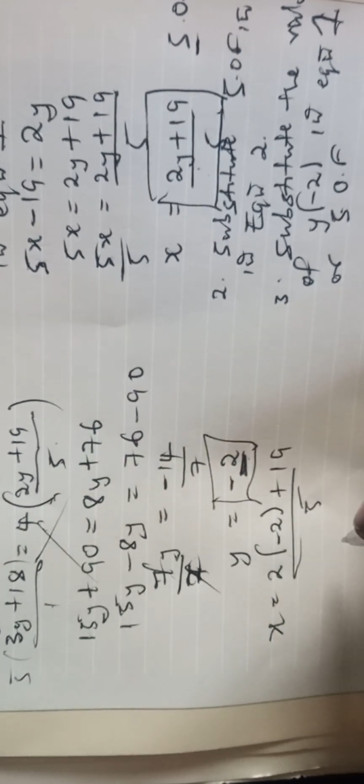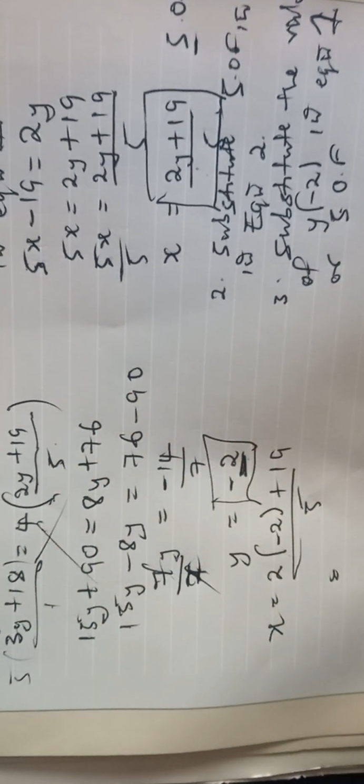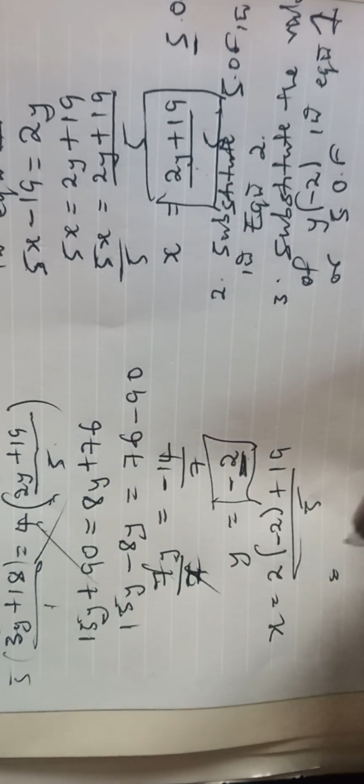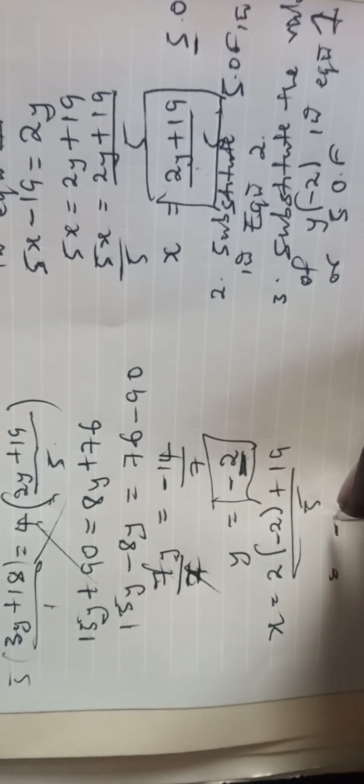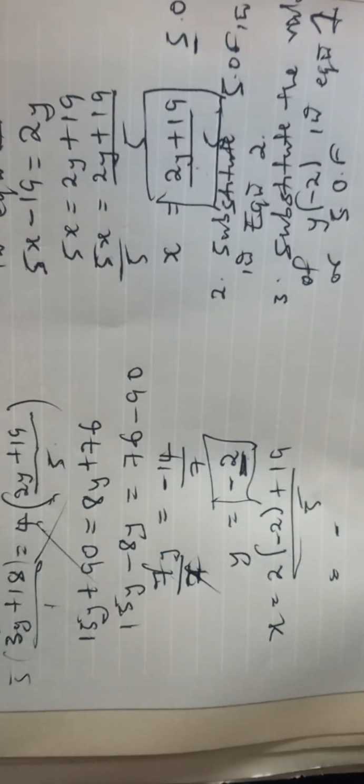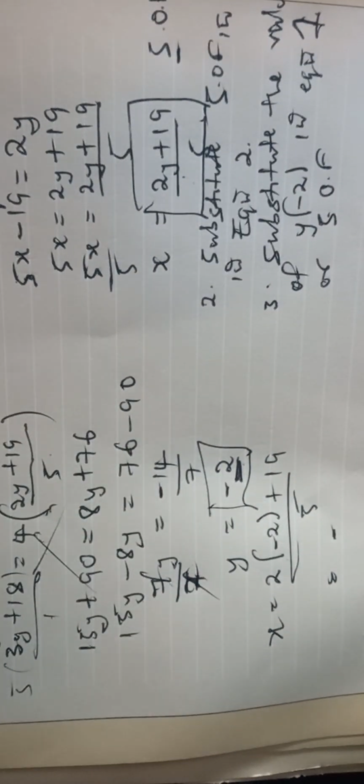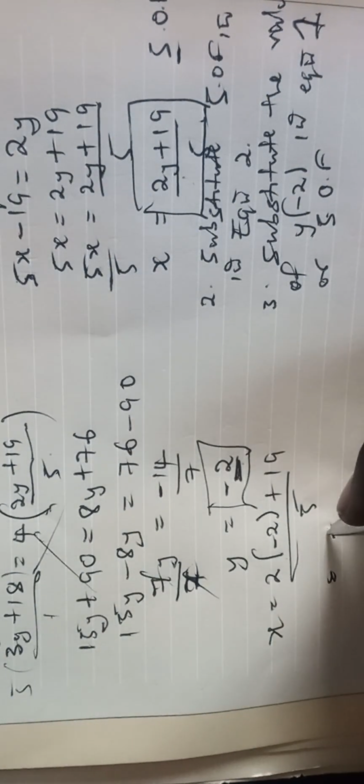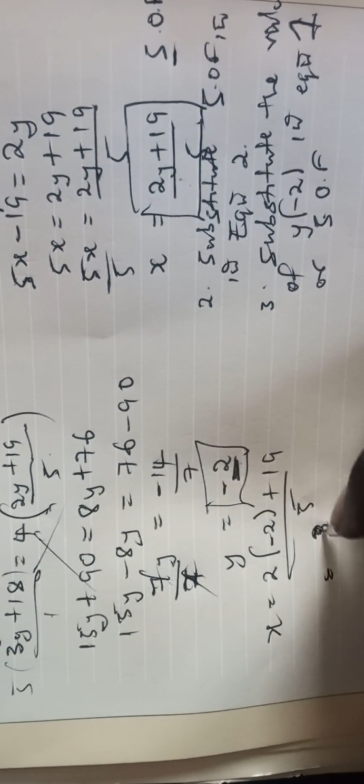all over 5, right? If we simplify this, we are going to find the value of x as 3.